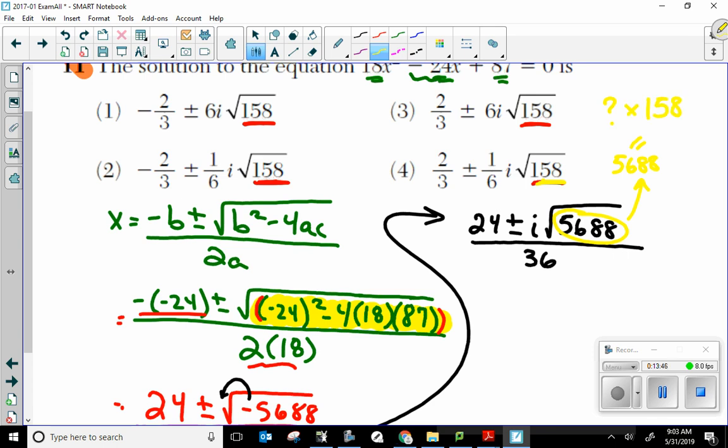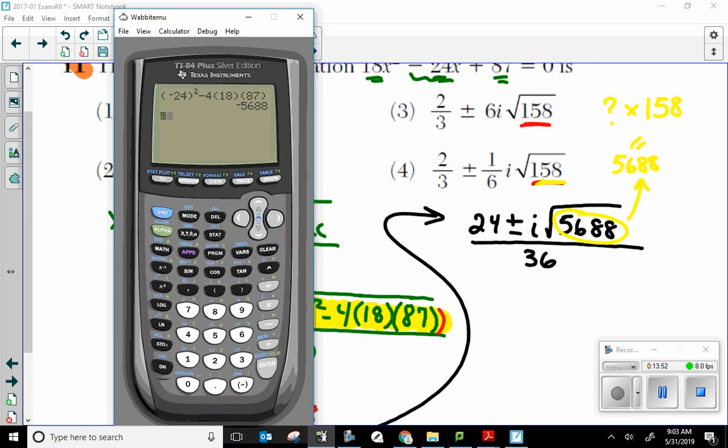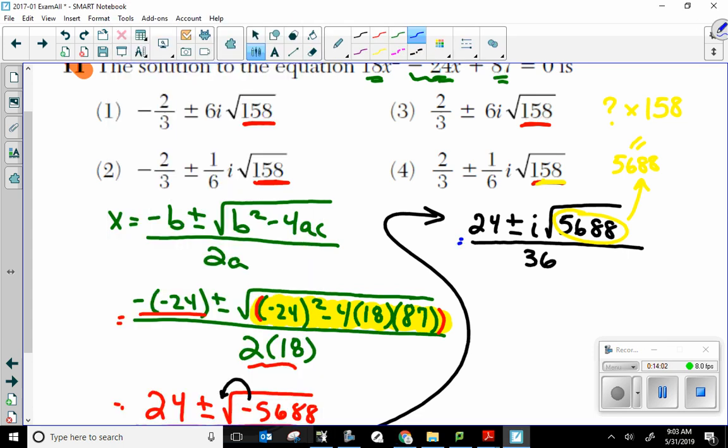Okay, let's figure out what that is in the calculator. All right, so I'm going to take 5688 and divide it by 158. I get 36. Oh, that works out perfect. So I have 24 plus or minus i times radical 36, radical 158, because when I multiply these two, I get radical 5688.